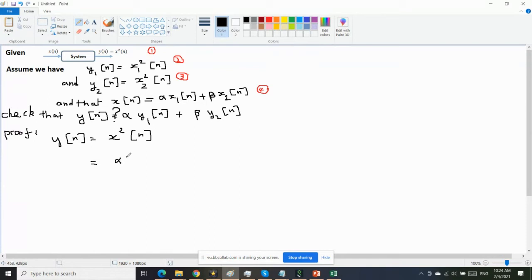So x is going to be alpha x1 plus beta x2, all of this squared, from equation 1 and equation 4.